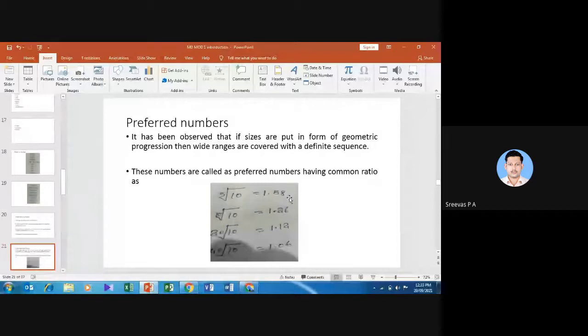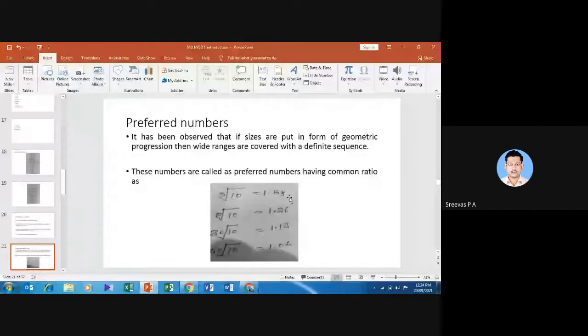But with only the common ratio, you cannot define a geometric progression. You need the first term also. Okay, right? If you get the first term, then only you can multiply by the common ratio and find out the remaining numbers. You follow?